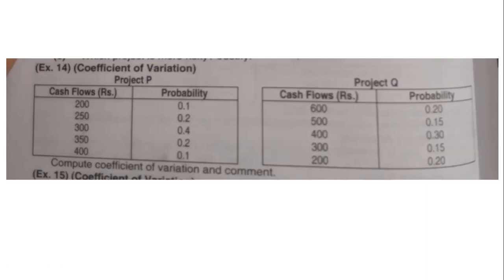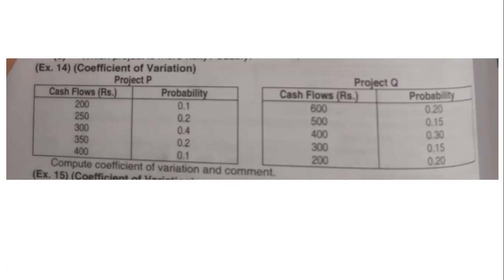Now what about the standard deviation? We have to find out the deviation of the cash flow from the mean: 200 minus expected value, 250 minus expected value, 300 minus expected value, 350 minus expected value, 400 minus expected value. Then the square of that in the next column, and multiply the square by probability.